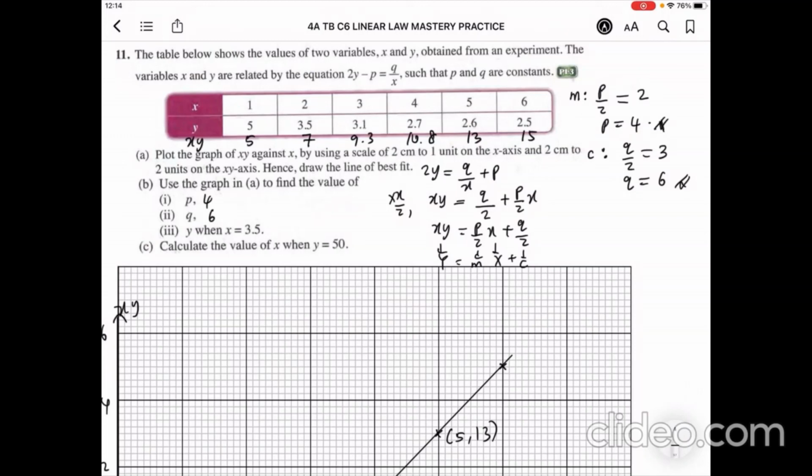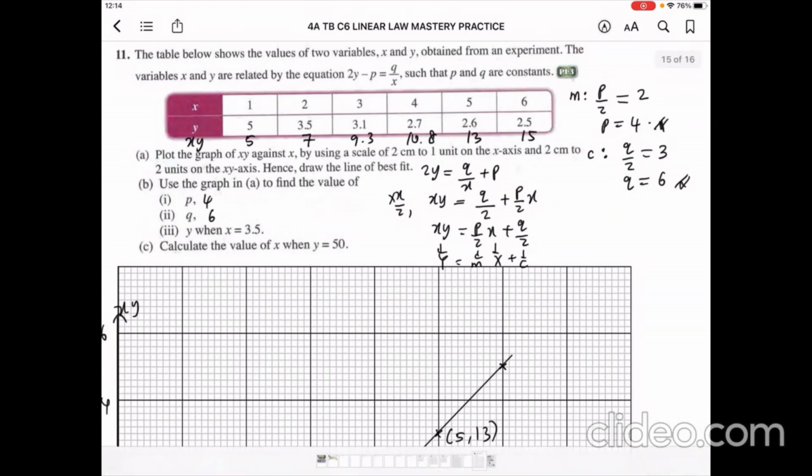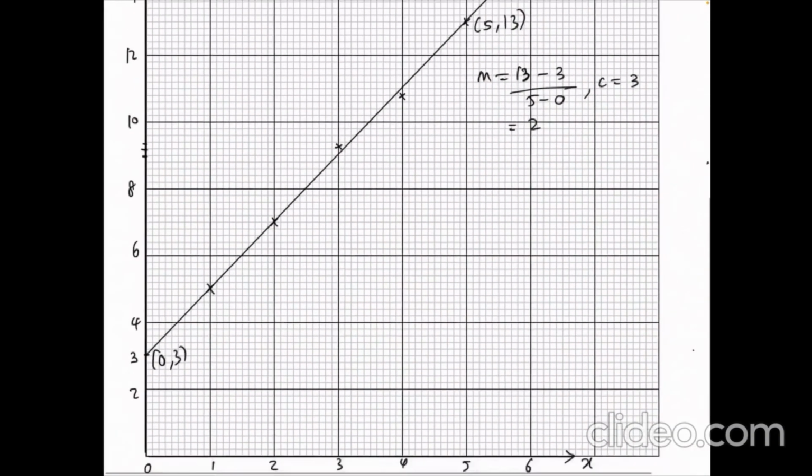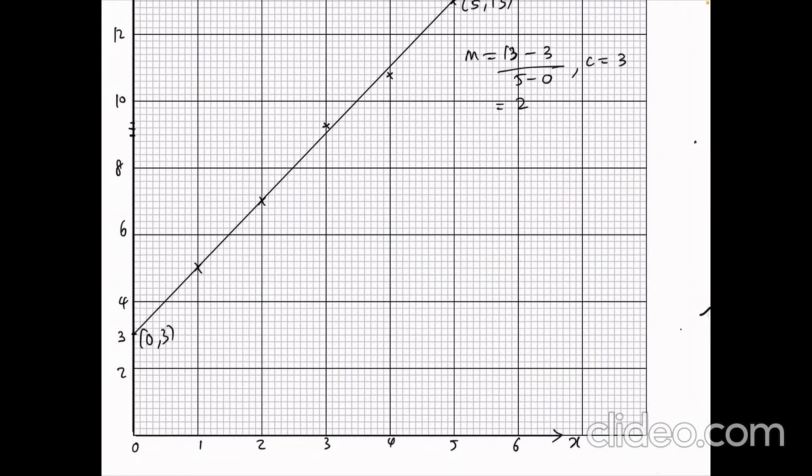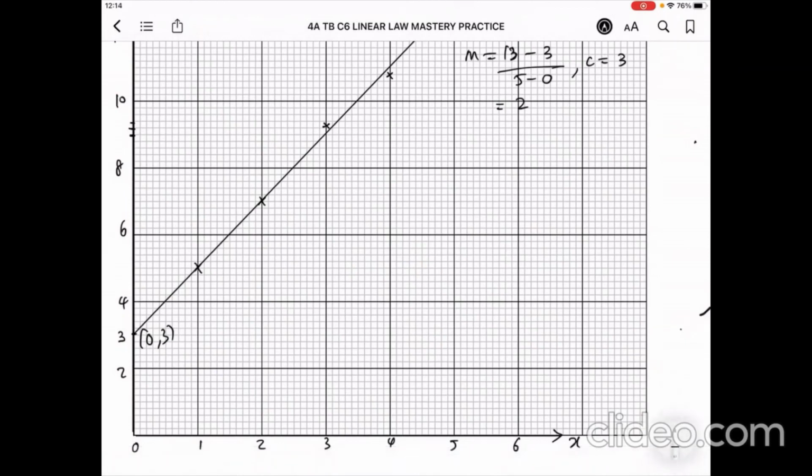Okay, this one you have to find from the graph. Okay, so when x is 3.5, you can see from here 3.5 is in between 3 and 4, right in the middle. Okay, looks like it's on the line, exactly 10.